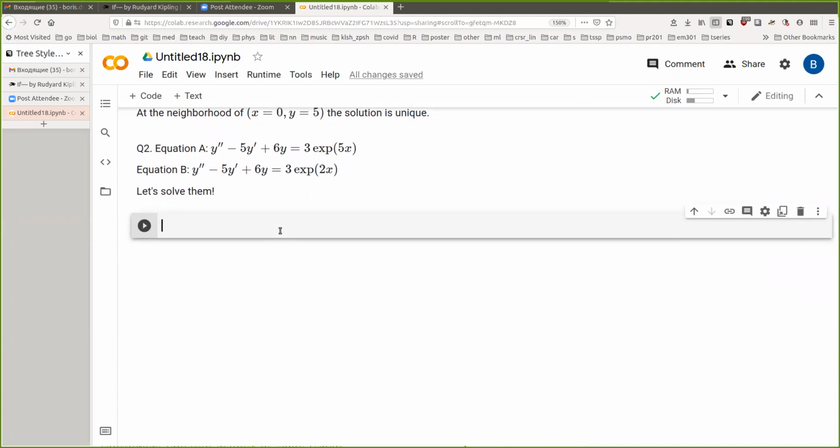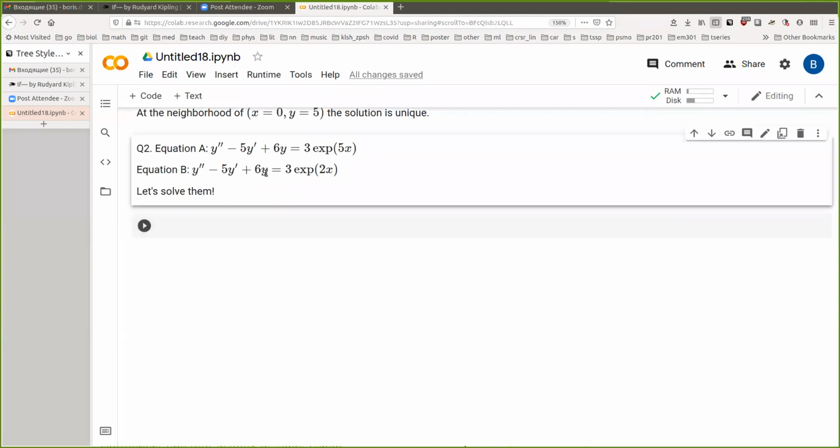Yes. Okay, so how will we start? Because the start for both equations will be common. How do we solve such an equation? We should say that y is equal to exponent in the power of lambda x, no?